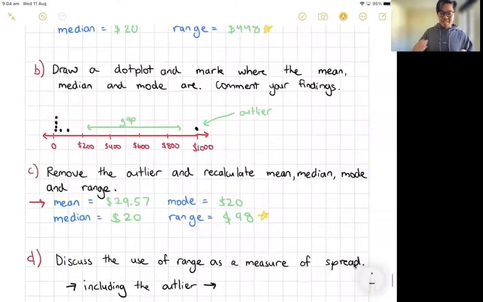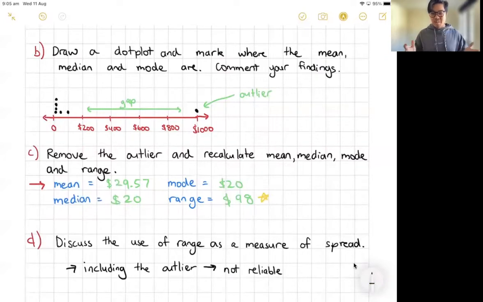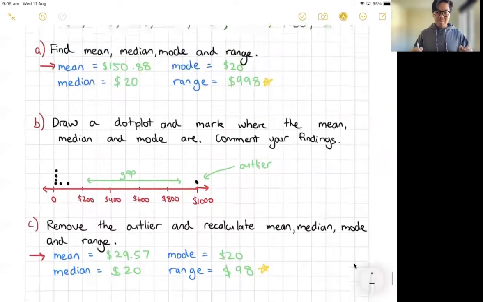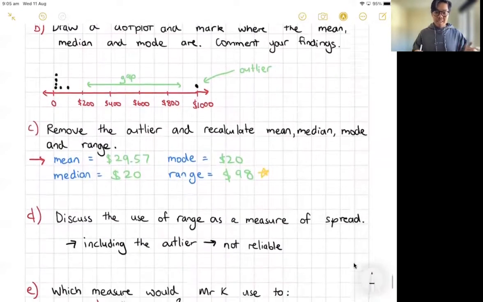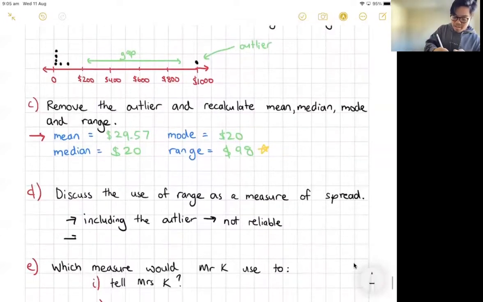Now, 998 is a little bit intense for me, so I'm going to say including the outlier, it's not super reliable, because I wouldn't say that that's how much I generally spend. I wouldn't say that I spend anywhere between $998. It's mainly closer to 98, and then it's just that one-off big payment. So if it was including the outlier, it's not reliable.